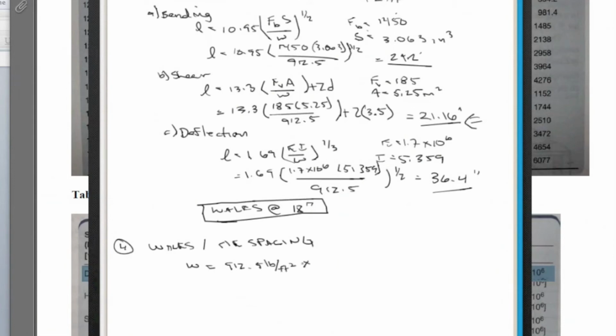And then we have to look at the spacing of our whales, which is 18 inches divided by 12 inches in 1 foot. Make sure you make that conversion. And we get 1369 pounds per foot. So this is why it's very important to do this step and not always just use this value, because if your spacing is not 1 foot, then you need to make sure that you're looking at the actual amount of force per unit length on the item that you're designing.